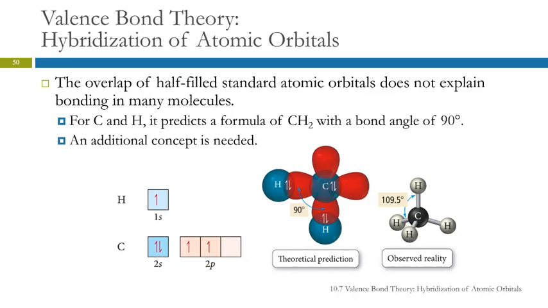So what we've learned so far is going to predict that this orbital will overlap with a hydrogen. And then we need another hydrogen atom. And this orbital is going to overlap with the half-filled orbital on another hydrogen atom, just like with the sulfur.